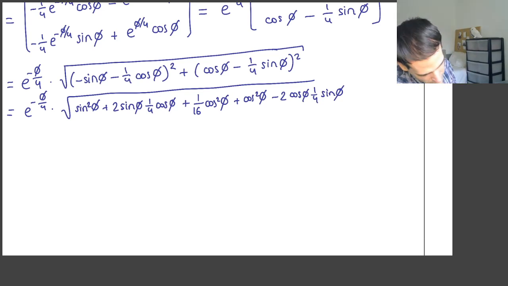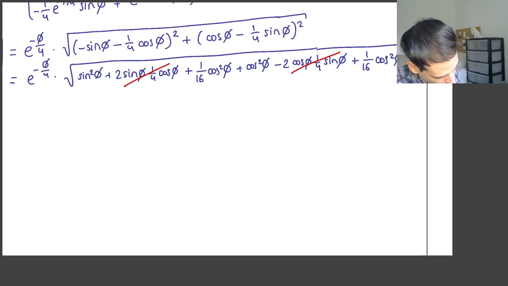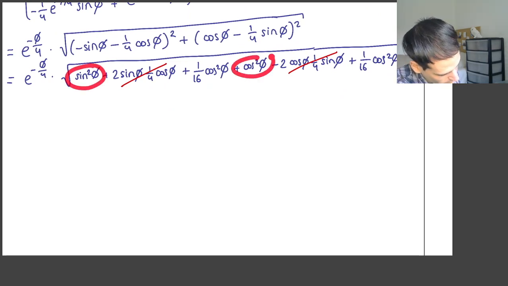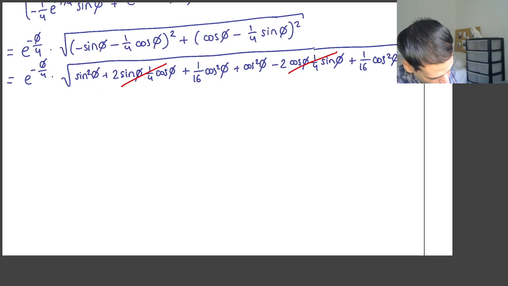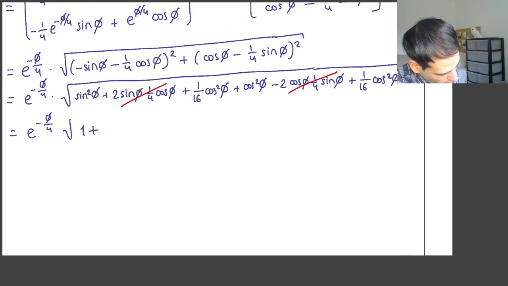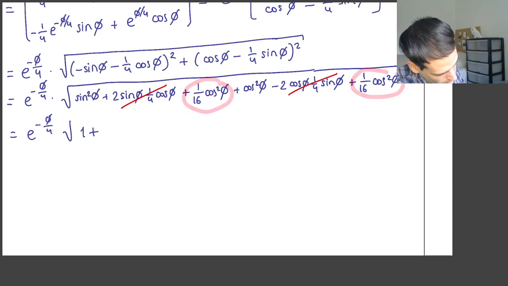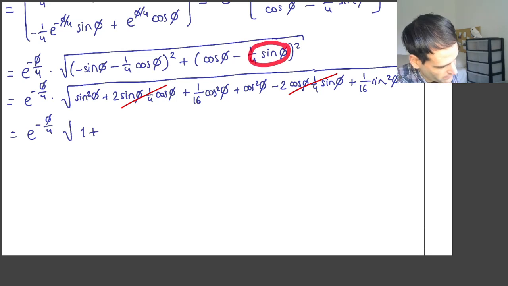Okay, and now we are very lucky because these two terms cancel out, and therefore we end up with sine squared plus cos squared, which will be equal to 1, plus 1/16 of cos squared plus 1/16 of, sorry, this was sine squared, because it was this term squared, yeah?